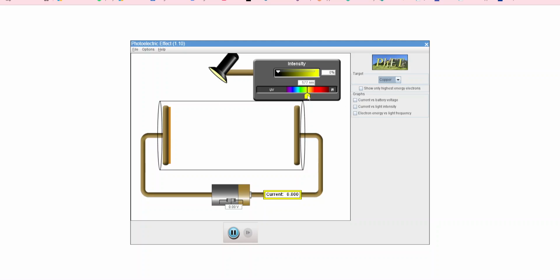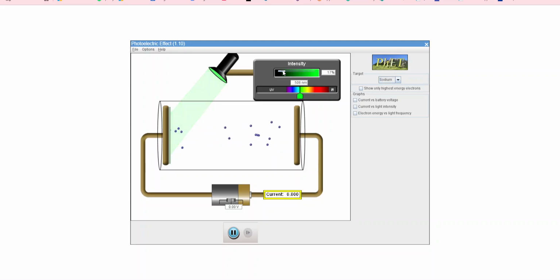And copper, if you drag the intensity up to 100%, and we're at 508 nanometers, this is green light, we can see that nothing is being ejected. But if you go to sodium, sodium is a type of metal that will be ejecting electrons at that wavelength.